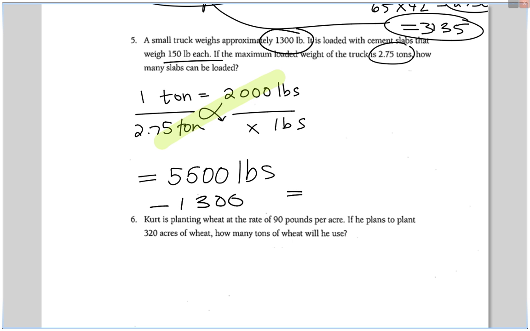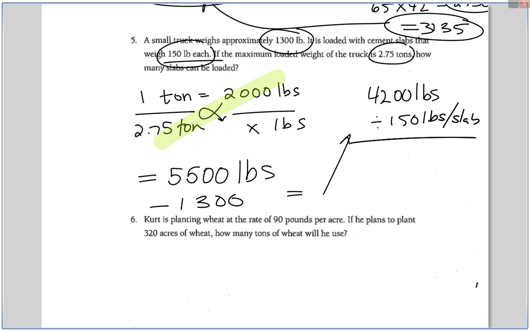So you get 4,200 pounds that you can load with these 150 pound slabs. So divide by 150 pounds per slab to see how many slabs you'd get. And 4,200 divided by 150 is 28 slabs. So that seems right.